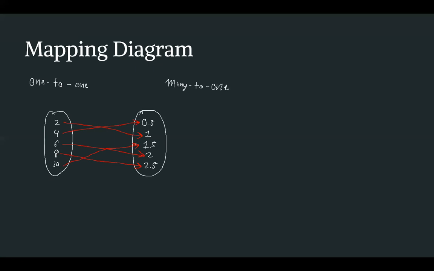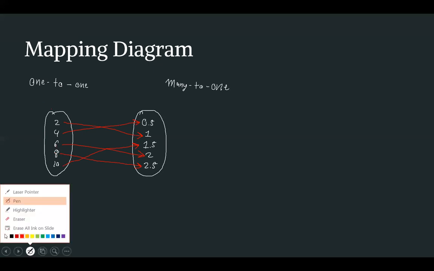So what type of mapping diagram is this? As you can see, let me put this as x and y.